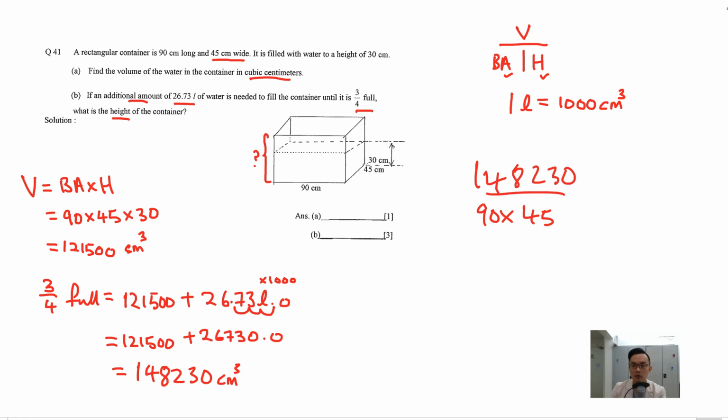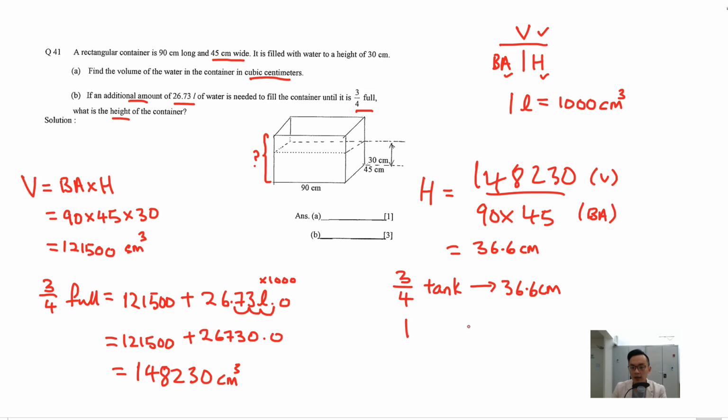So now I have the volume, I have the base area, so I need to find the new height. So height equals 148,230 divided by the base area. So this is the volume divided by the base area. So that equals 36.6 cm. So I know that 3/4 of the tank is 36.6 cm.